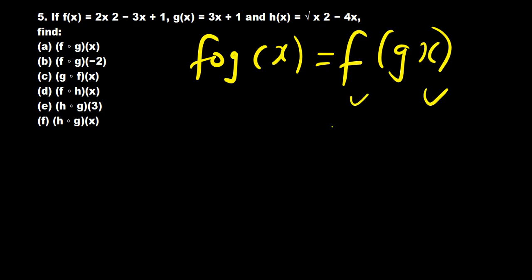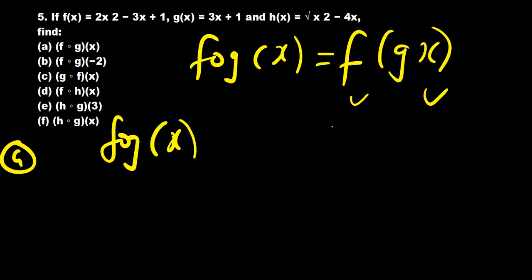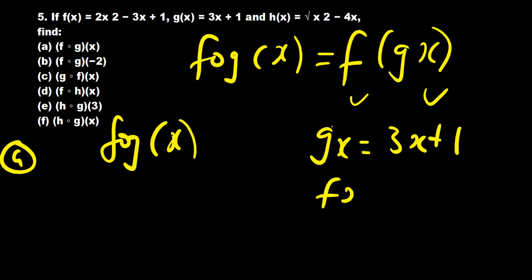Let's solve the first one. So fog of x. Our g of x is 3x plus 1, and our f of x is 2x squared minus 3x plus 1.